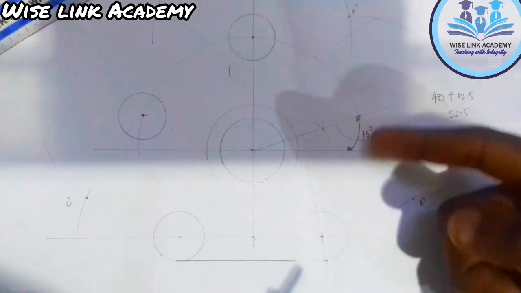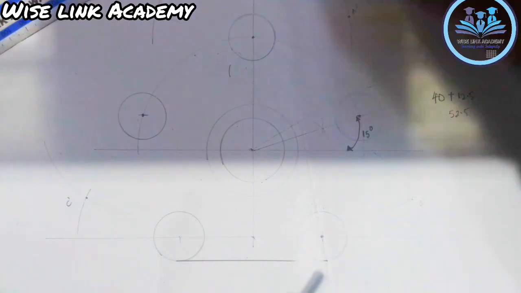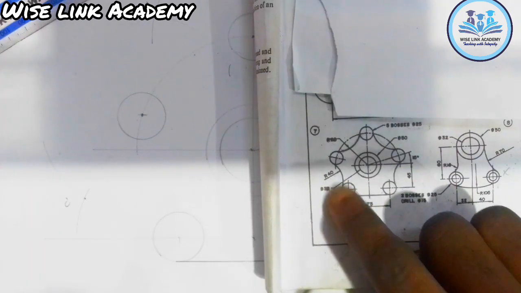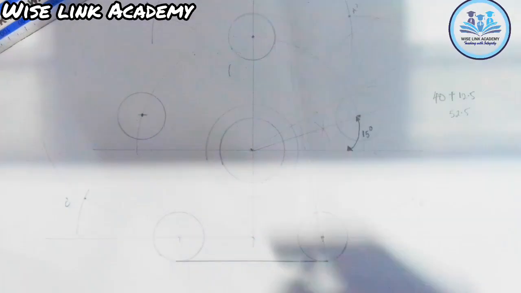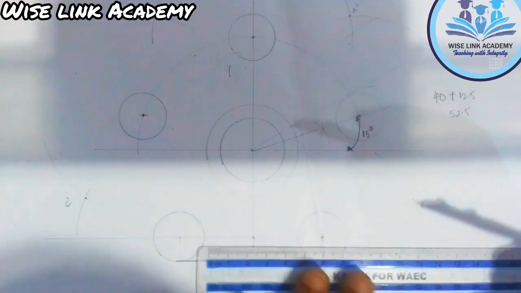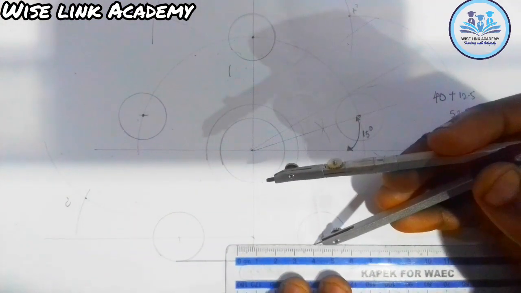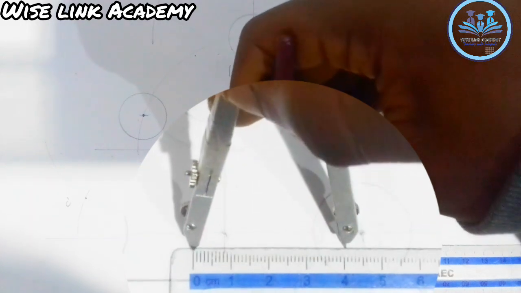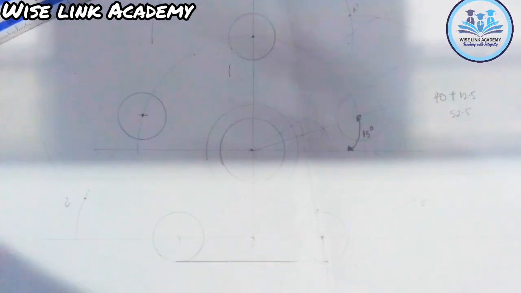The arc that I want to draw has a radius of what? 40. This is it here. This arc has a radius of what? 40. So now let's measure 40. 40 from here to this point here is 40 automatically. Then I place it here to show you.